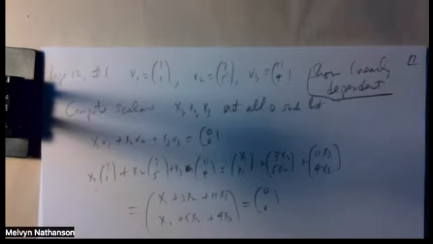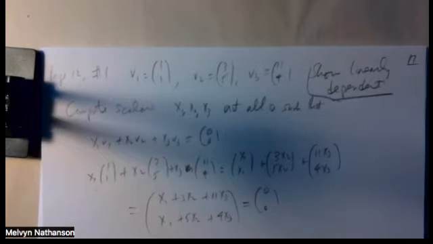And I want to find values of x1, x2, and x3 such that this is the 0 vector. That means I want to solve the equations x1 plus 3x2 plus 11x3 equals 0 and x1 plus 5x2 plus 4x3 equals 0. If I subtract these equations, I get minus 2x2 plus 7x3 equals 0.